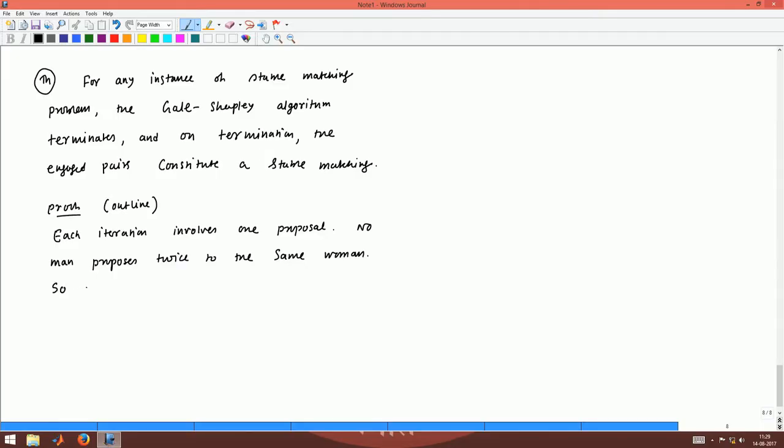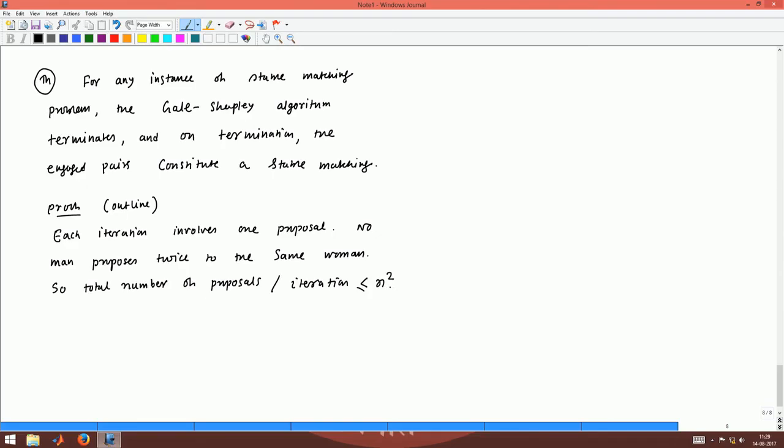So, the total number of proposals or iterations is always n square, where n is the number of men and women.